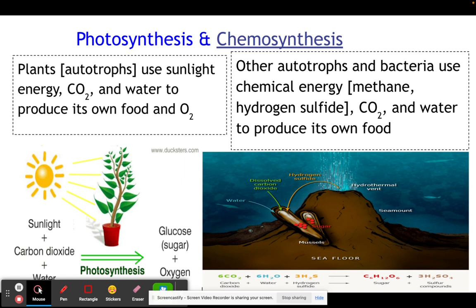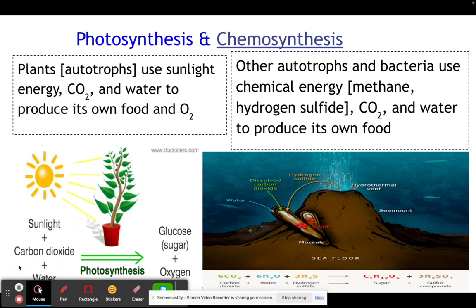But what's released at the end of a chemosynthesis reaction is also a gas, which will be wrapped in water so that it looks like bubbles coming up. The bubbles coming up are evidence that we can physically see that chemosynthesis is occurring in that video. So make sure you check that out after these notes as well.